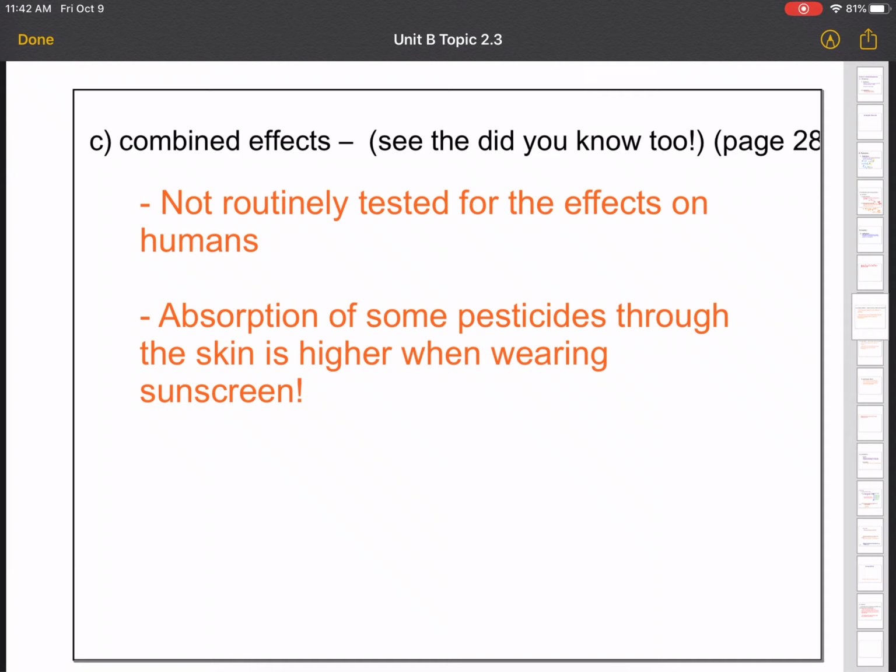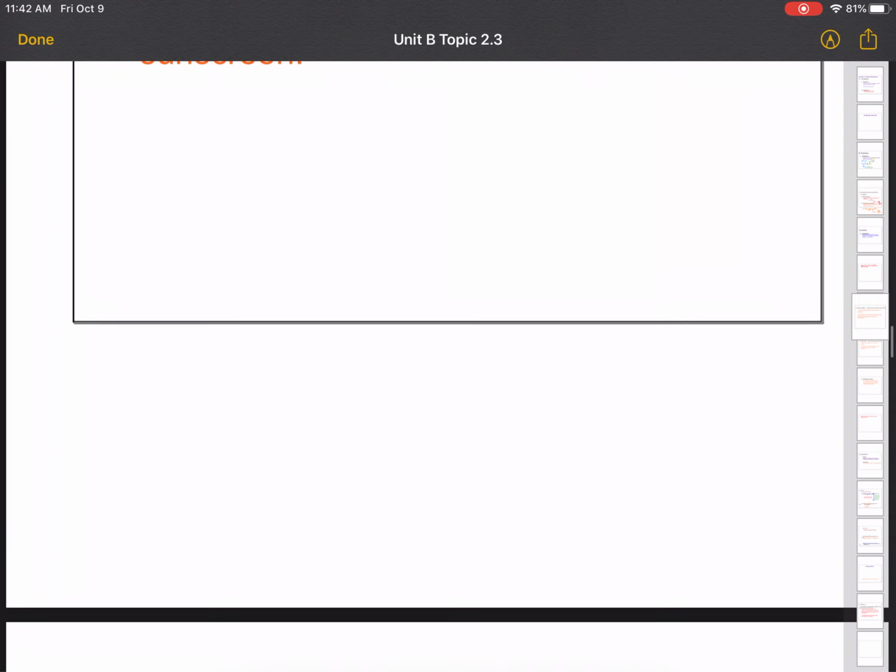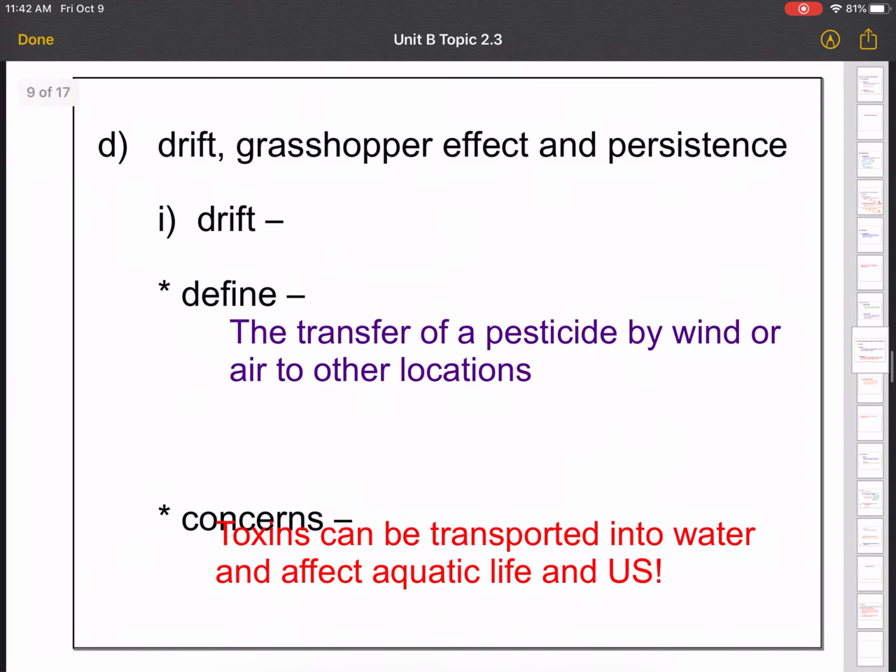So these things are living in the environment, and we're putting these chemicals onto the soil, so it's showing how many milligrams in a liter of water or milligrams per kilogram of soil that these things would need to ingest to be dead, which is not good.